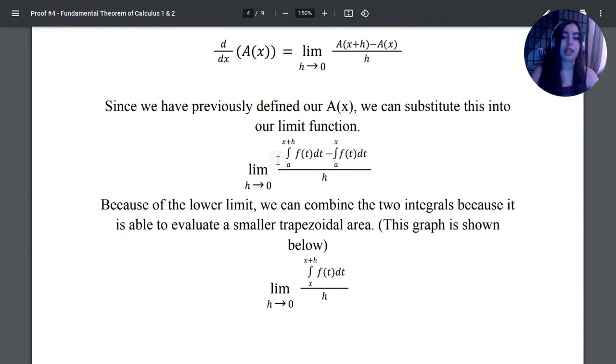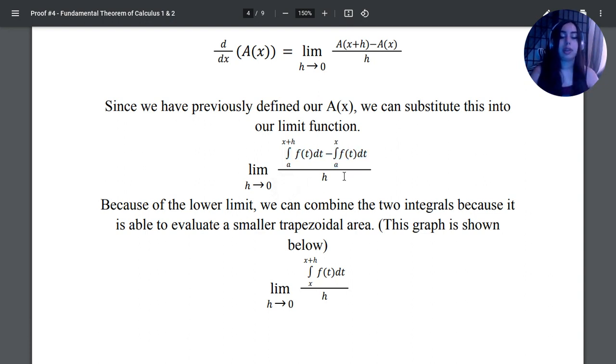And so we have the limit as h goes to 0 of the integral from a to x plus h of f of t dt minus the integral from a to x of f of t dt, all over h.